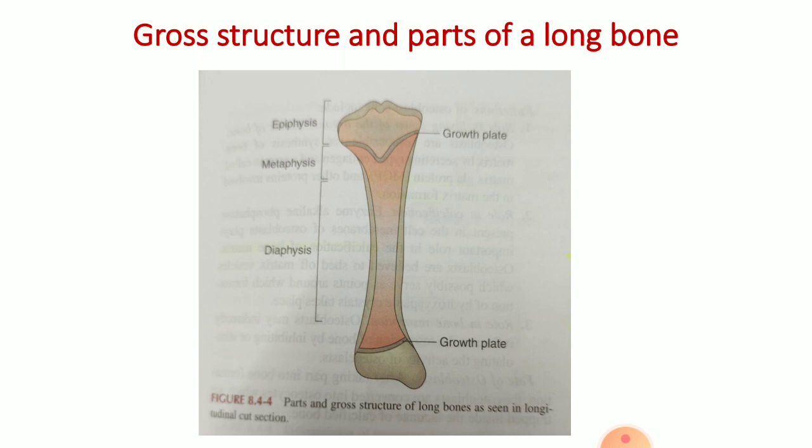In between epiphysis and diaphysis there is a cartilaginous plate called the epiphyseal plate, which gradually elongates to increase the height of the body in the growing age. And when the epiphyseal cartilage is totally used up and fused with the bone, there occurs closure of the epiphyseal plate and no further increment in height is possible.